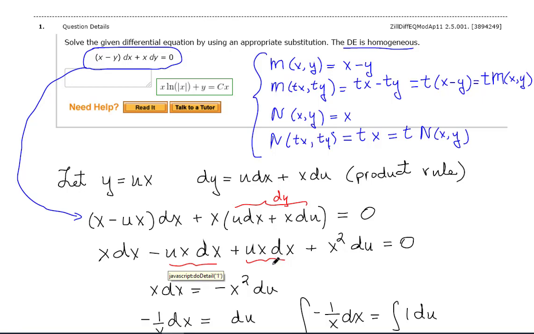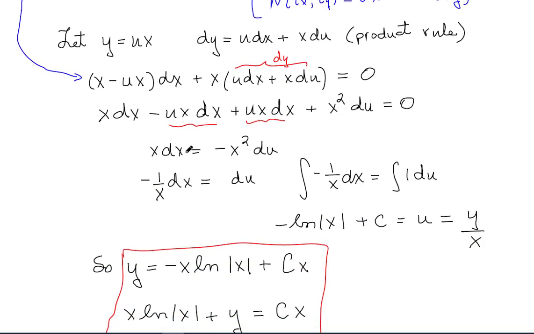And so what I end up with then is this situation, and I can isolate the x's and u's on opposite sides. So I divide by minus x squared. This is an easy integral, so minus ln absolute value of x plus c is u.